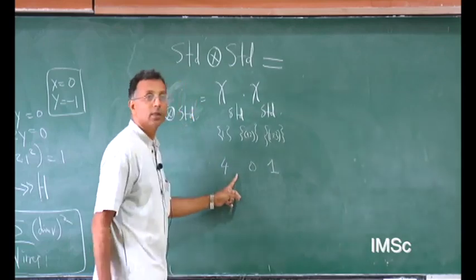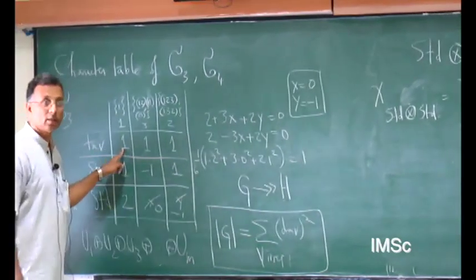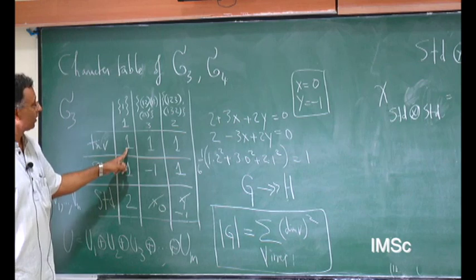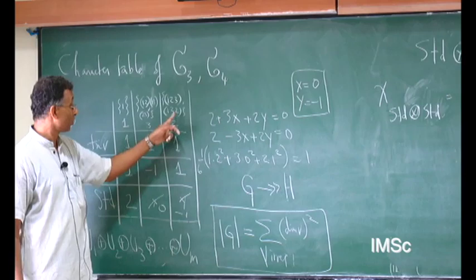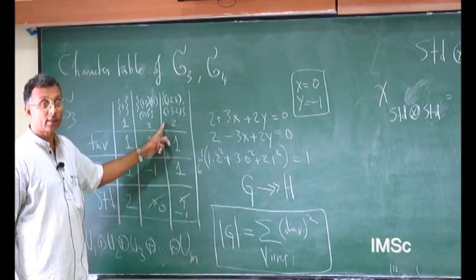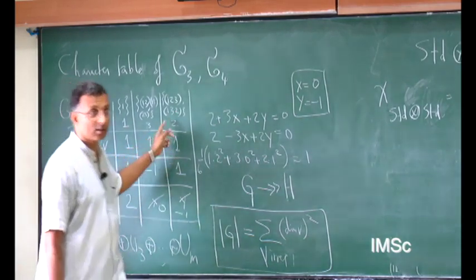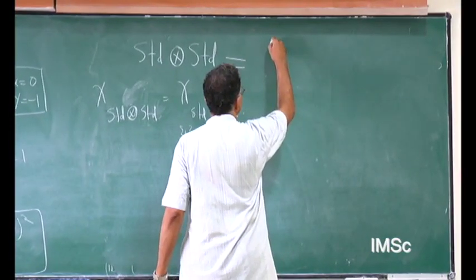How do I do this? I take the inner product of this with this. If I do that, what do I get? 4 plus 1, plus 2 actually, plus 2 because there is a 2 here, 6 divided by 6. So it is 1. So it's trivial.